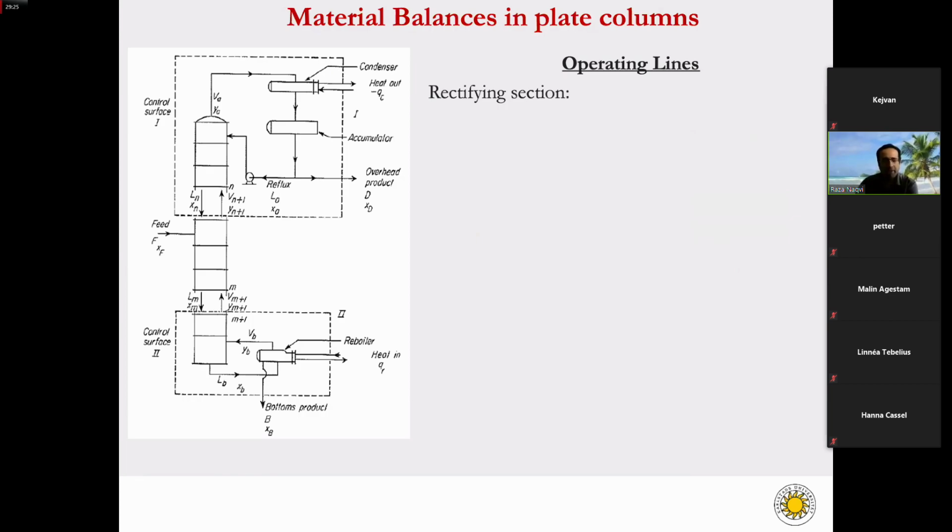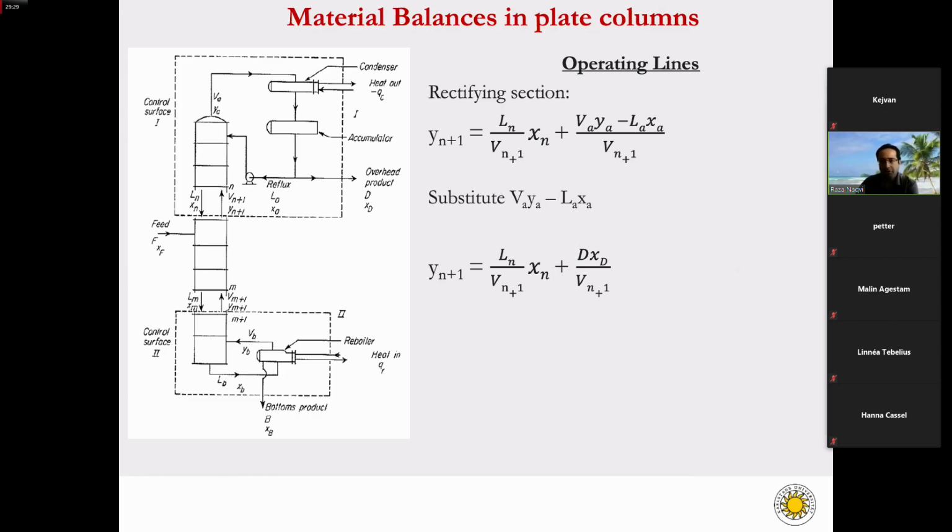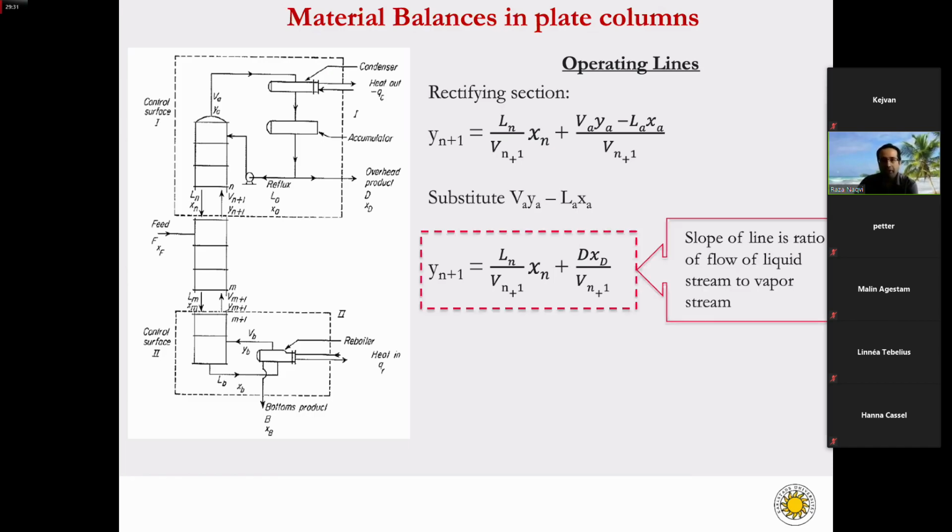So how can we find the operating line for the rectifying section? You can find the slope as the ratio of the flow of the liquid stream to the vapor stream, Ln over Vn plus 1, and D xD over Vn plus 1 will give you the intercept.